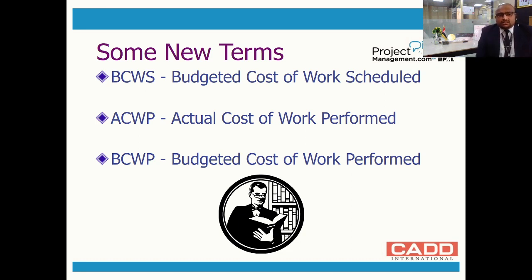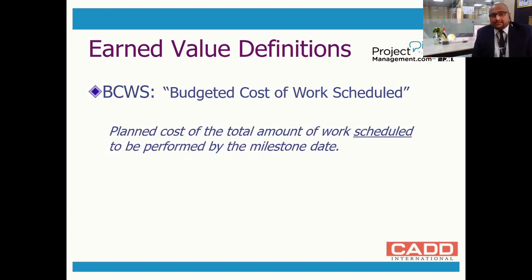Then the third term, BCWP, the budgeted cost of work performed, the earned value. I know these terms may be new to you. Sometimes you might have heard them already, but these three terms define the earned value, or these are the key words which will help us derive more of the earned value. So let's study them one by one in depth.